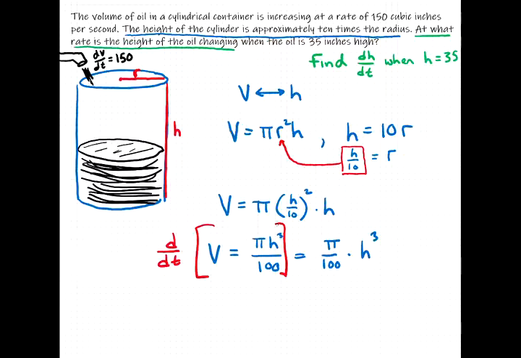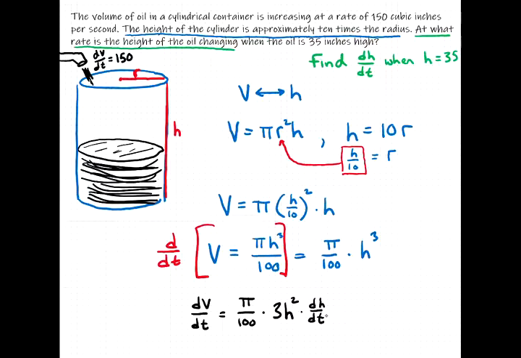All right, so the derivative of V would be, let's switch colors because we're switching to derivatives. So dV/dt is equal to pi over 100 times the derivative of h cubed, which would be 3h squared times dh/dt.